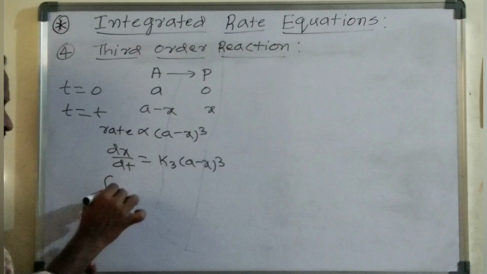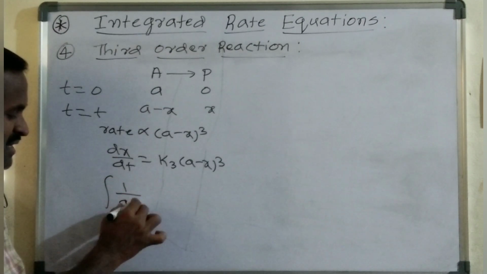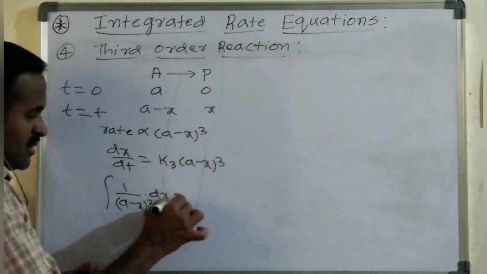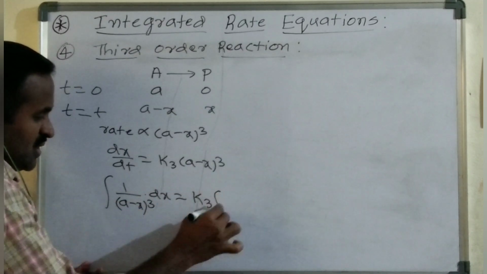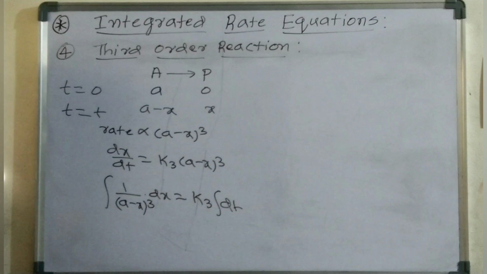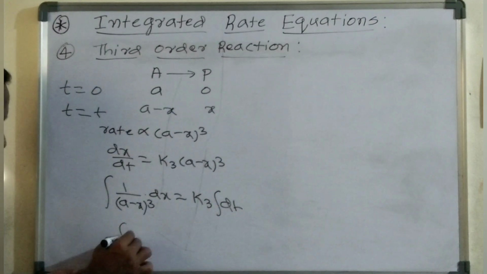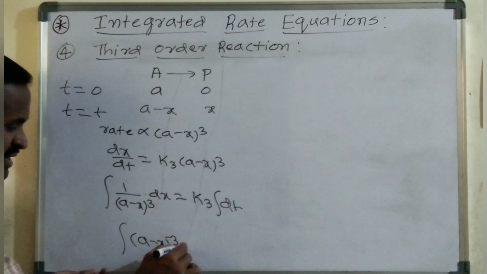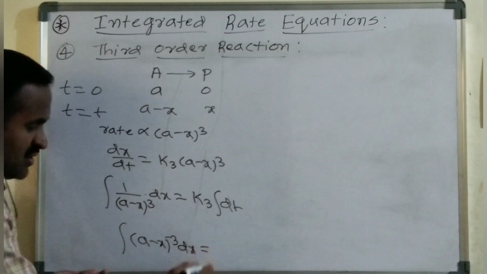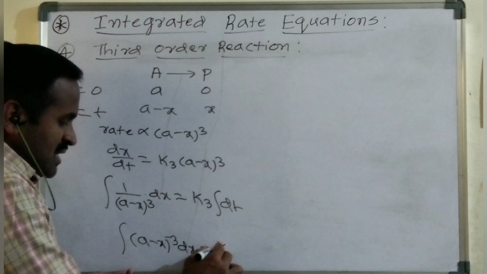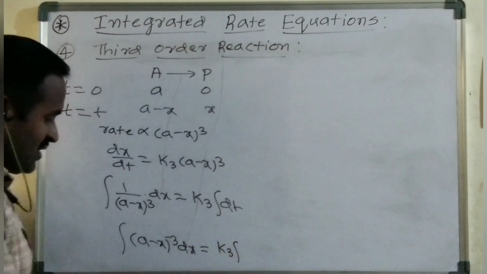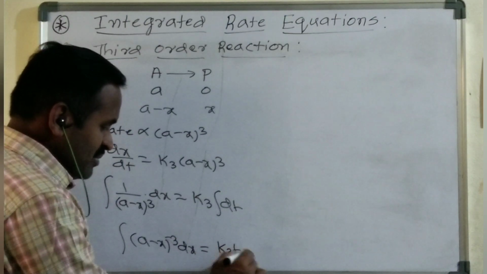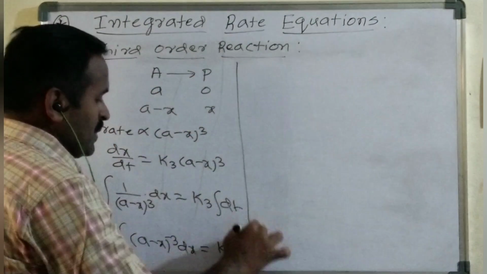We can write the integration of 1 by (a minus x) whole power 3 into dx equals k3 into the integration of dt, that is (a minus x) whole power minus 3 dx equals k3 into the integration of dt, which gives k3t plus a constant c.